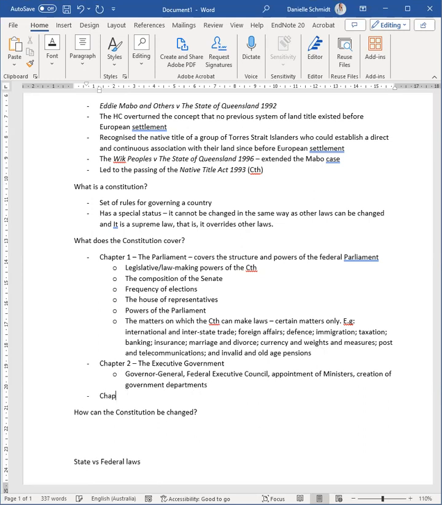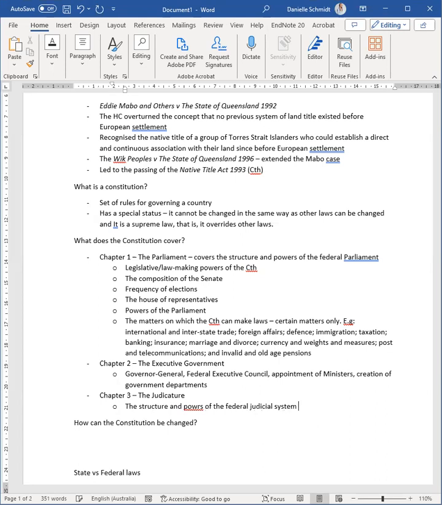Then we have chapter 3, and this is a really important chapter. So we know that the Constitution helps create the separation of powers, and this is all part of it. So it's got the structure and powers of the federal judicial system.